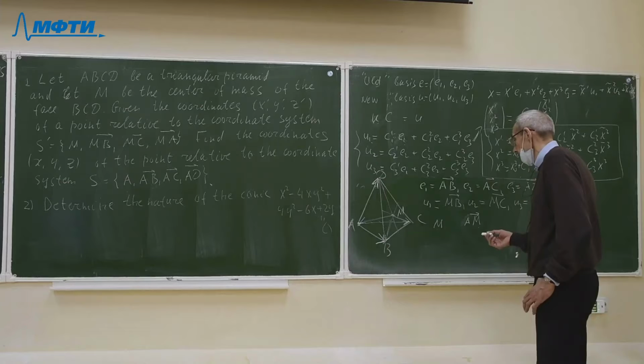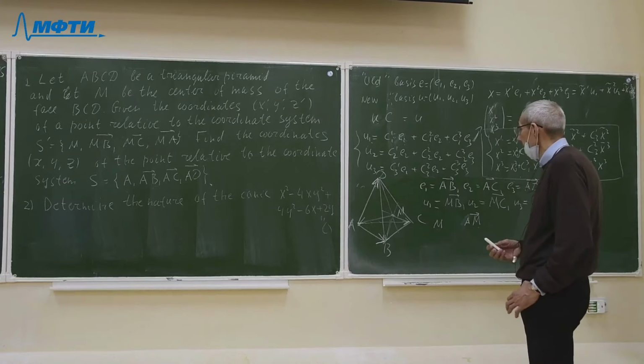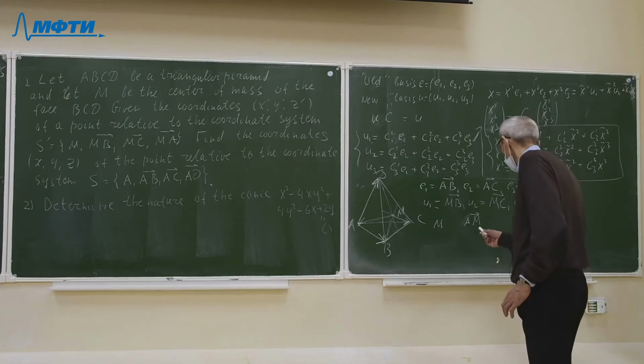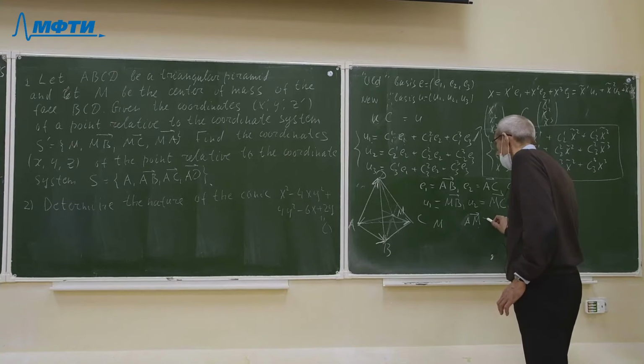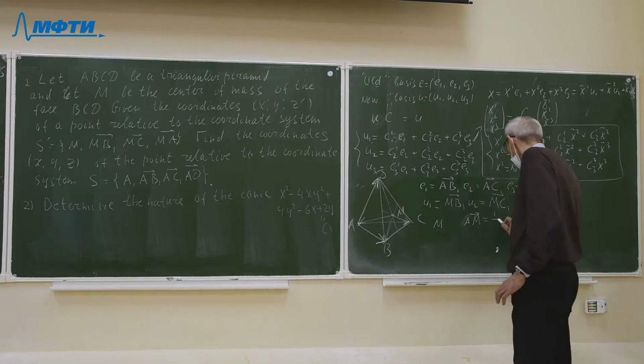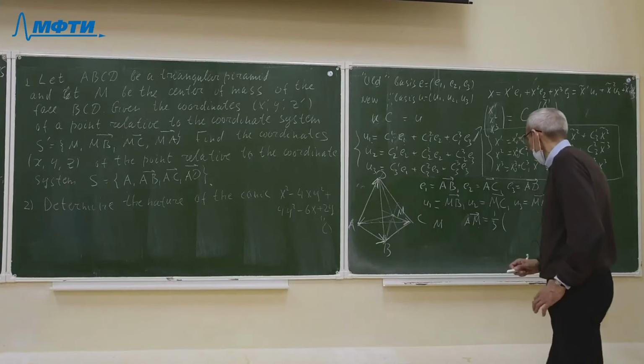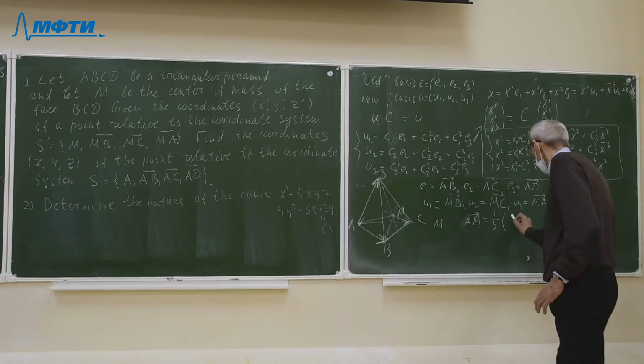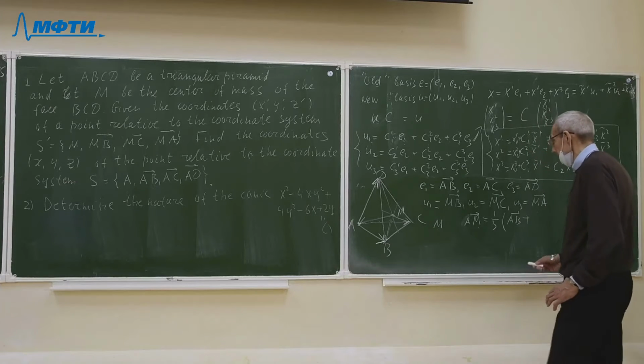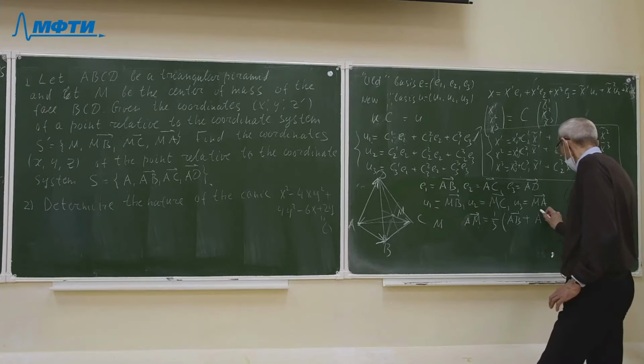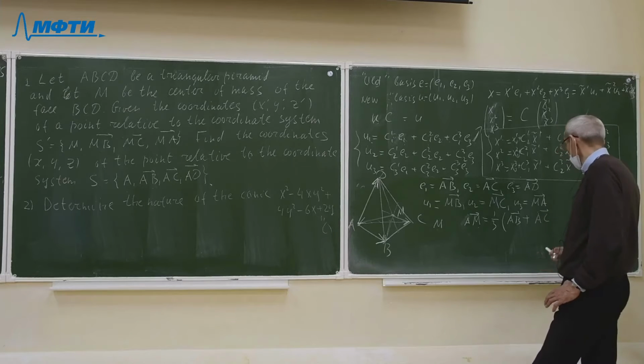This formula was the following: AM is equal to 1/3 of (AB plus AC plus AD).